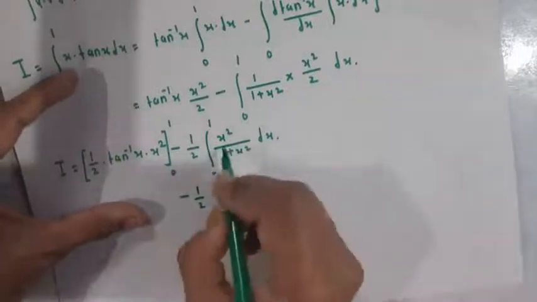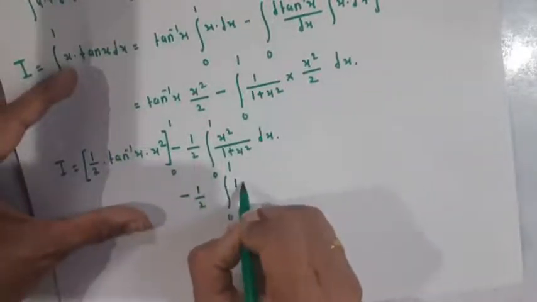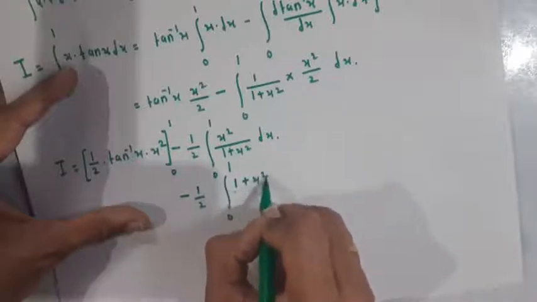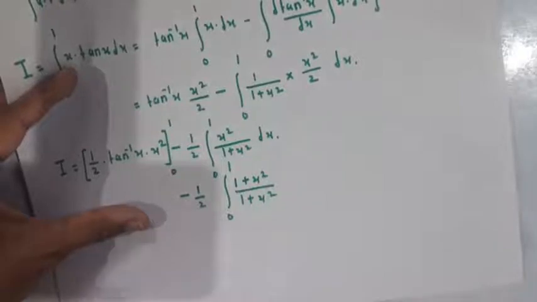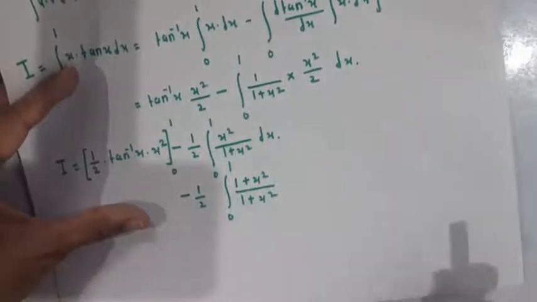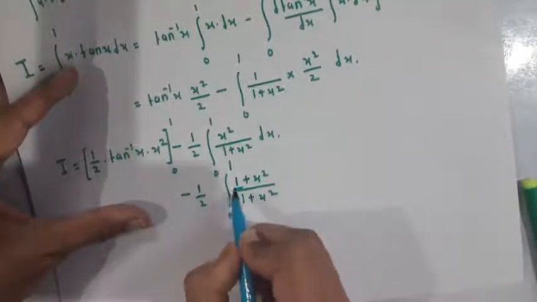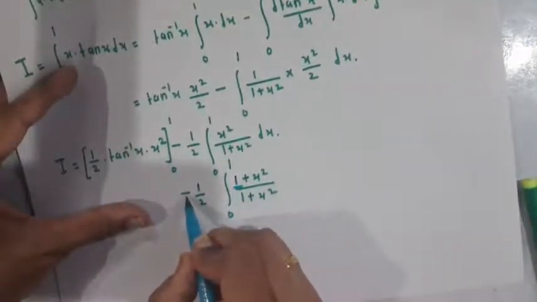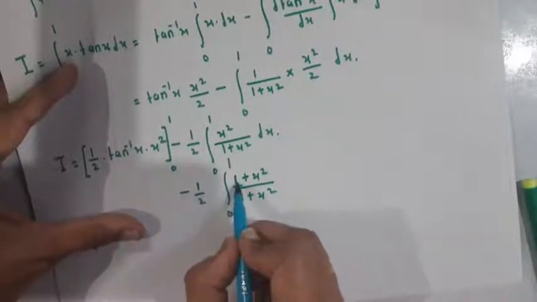Therefore this is 1 plus x square upon 1 plus x square, meaning we add this one, but outside the bracket there is a negative sign, so this is plus minus minus 1.